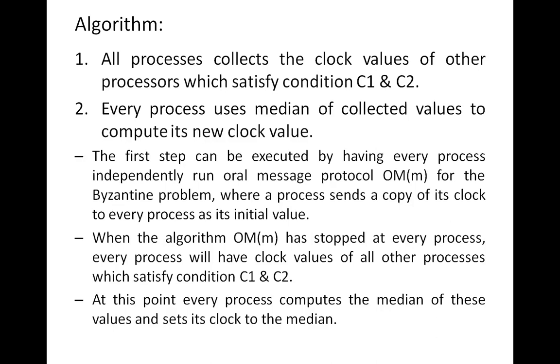Second, after collecting the clock values of the other processes, after satisfying conditions C1 and C2, every process will use the median of the collected values to compute its own clock value.